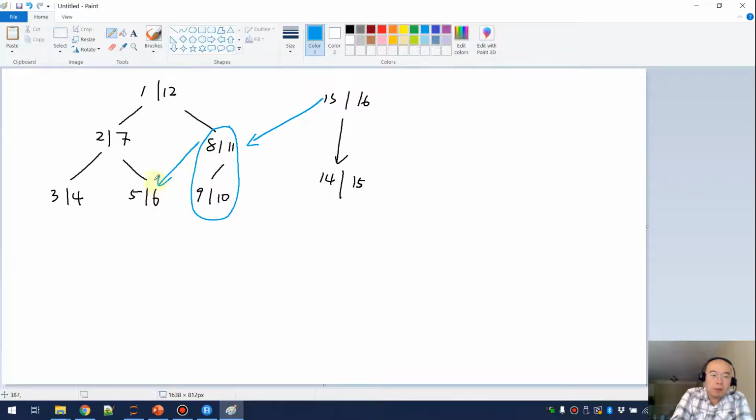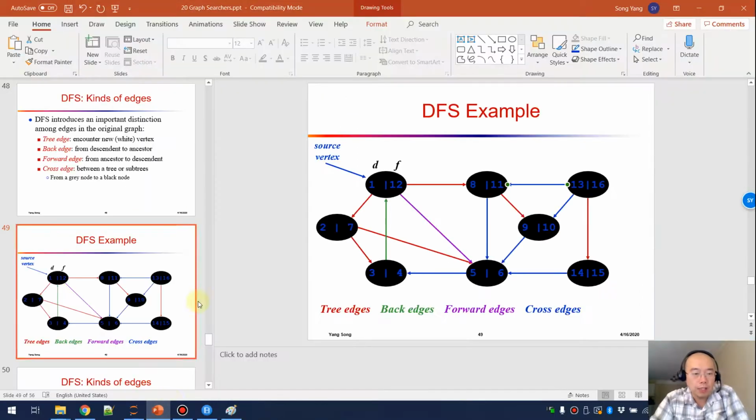Even though those two subtrees belong to the same tree with 112 as the root, those two, 811 and 56, belong to two different subtrees, so that is a cross edge. Okay, so those are two different examples. It can be from one tree to another tree, or from one subtree to another subtree. Those are the examples of the cross edges.